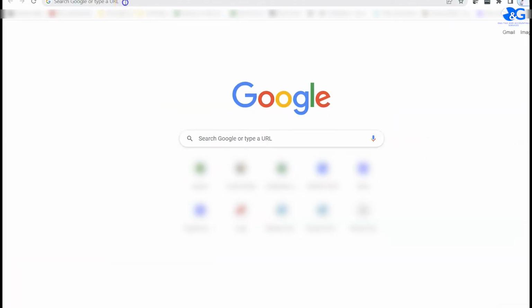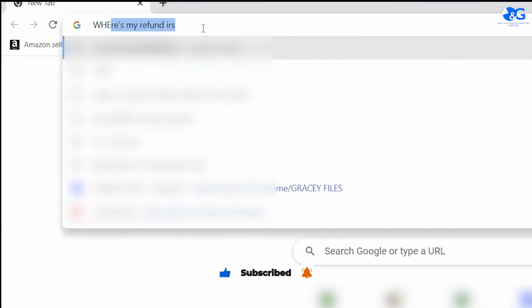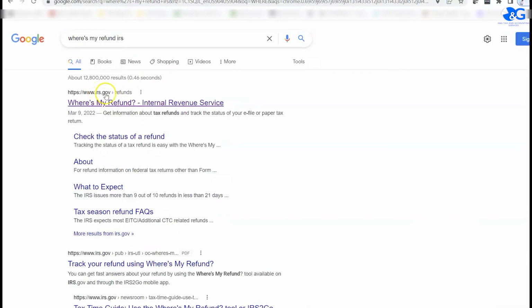Alright, so when you first start searching for your refund status and you don't know the actual IRS address that you need to use, you can basically go in and type in "where's my refund IRS." So you type it in, and the official website you see, which is irs.gov, is the official website you should be going to.